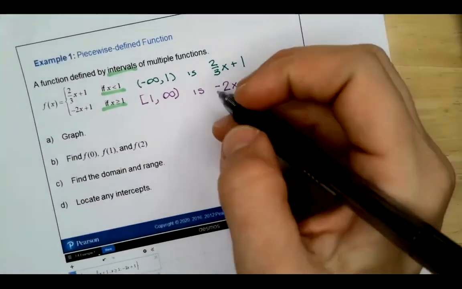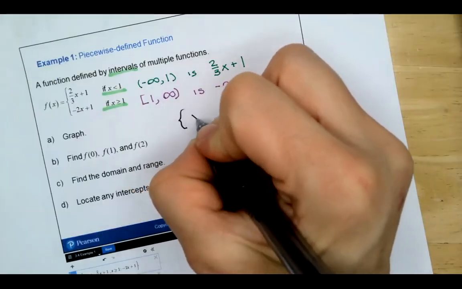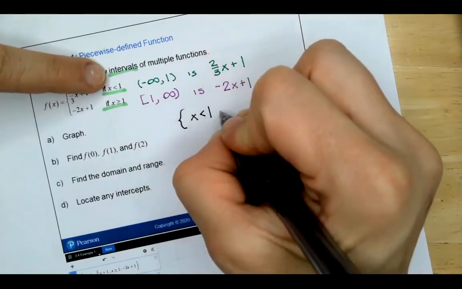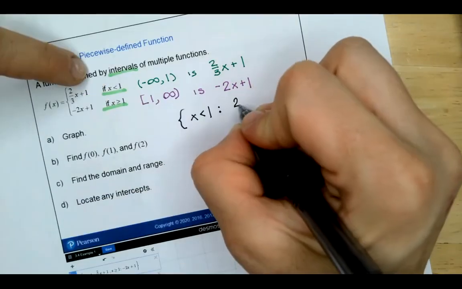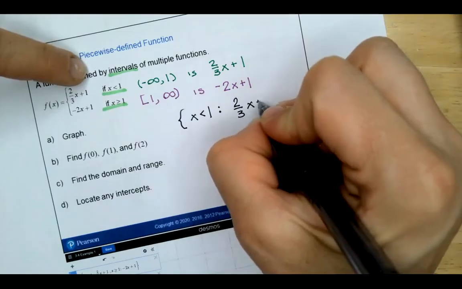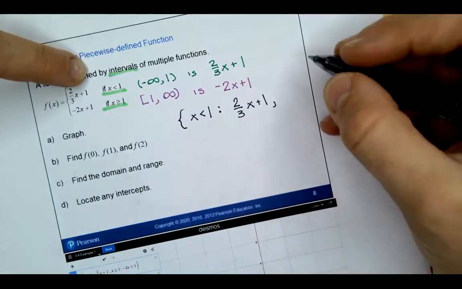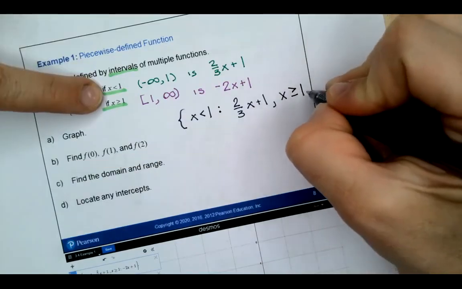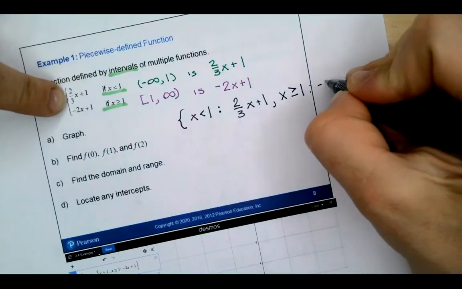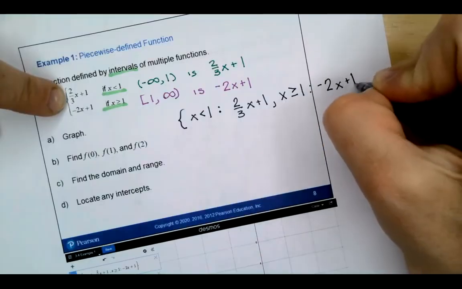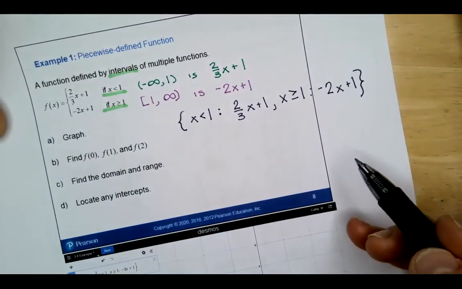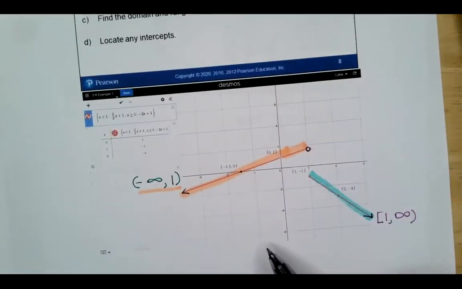So what we're going to do is x is less than 1 colon 2/3 x plus 1, comma, x is greater than or equal to 1, colon, negative 2x plus 1. If you type that into Desmos, it will graph this for you.